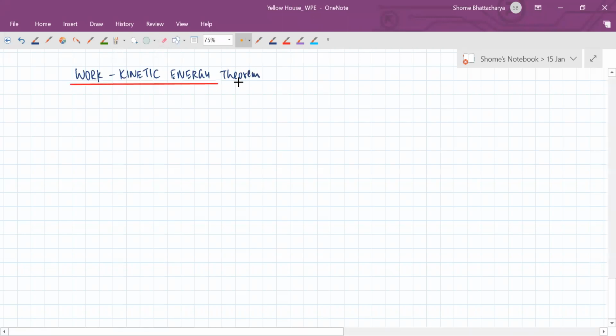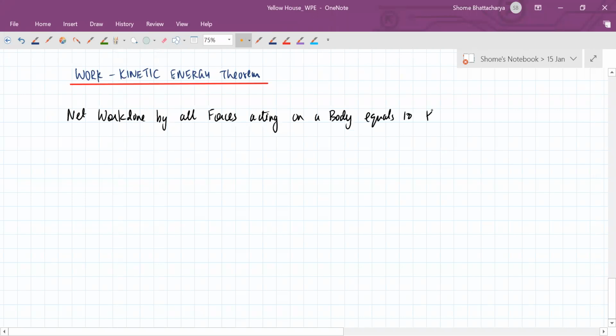So the statement of this theorem is that the net work done by all forces acting on a body equals the change in its kinetic energy.